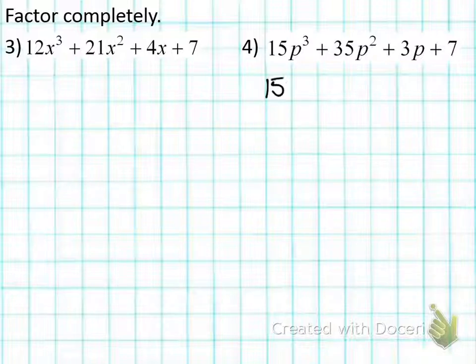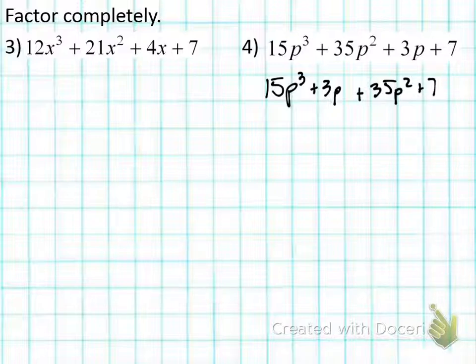Okay, so we got 15p cubed plus 3p plus 35p squared. It's getting messy because I'm going quickly here. Put a plus sign here.